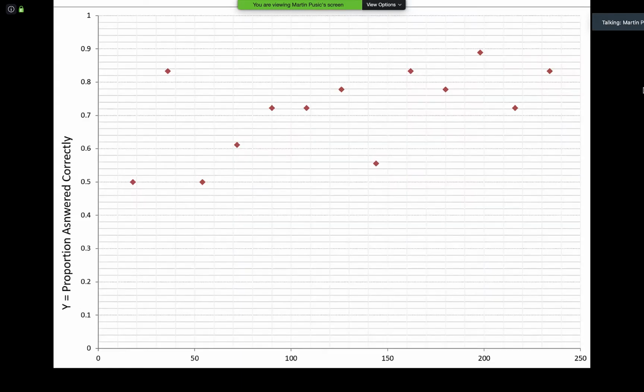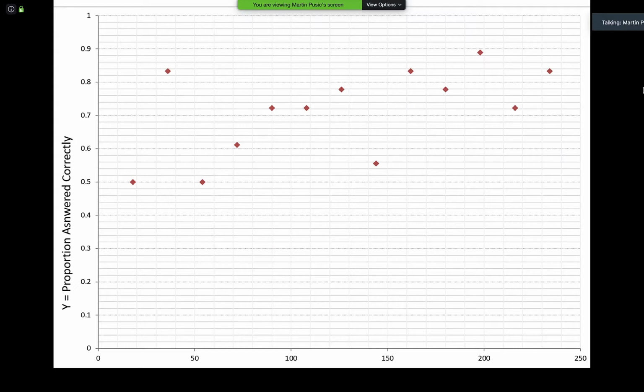So here's an exercise for you. When we're live, I have people draw the line that best represents these data points. To situate you on the x-axis, this is a learning curve. People have practiced reading x-rays, and their first x-ray is at the left of the x-axis, all the way to 250 x-rays at the end of the x-axis.